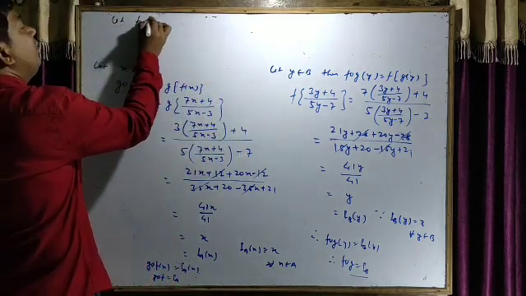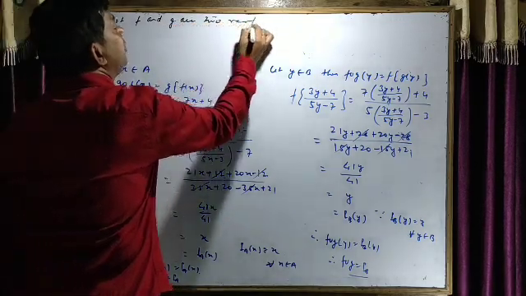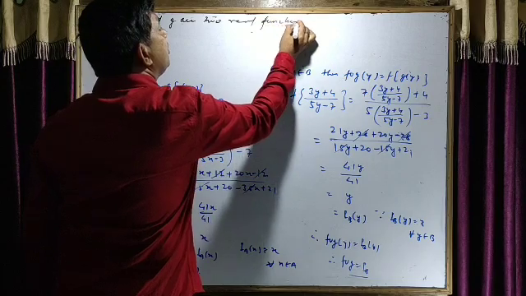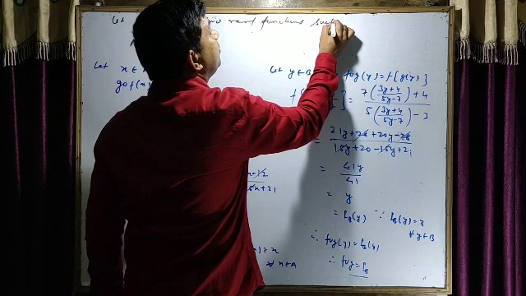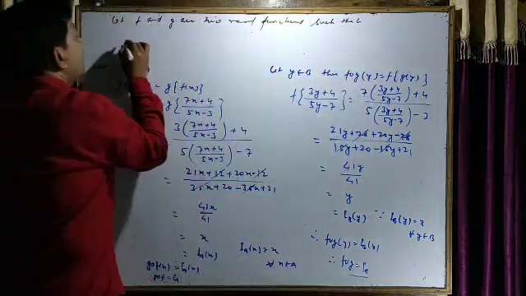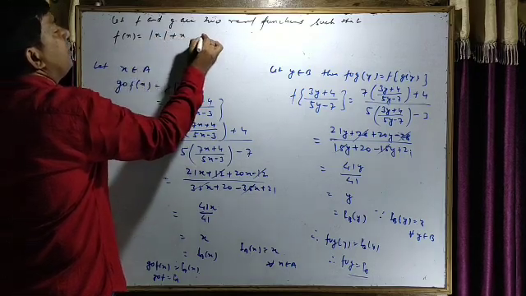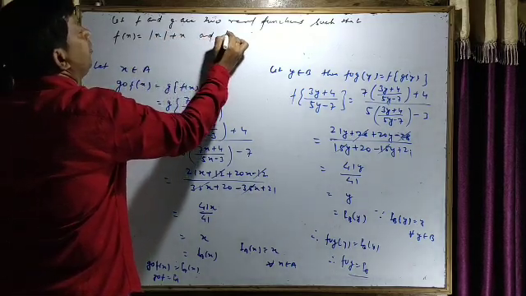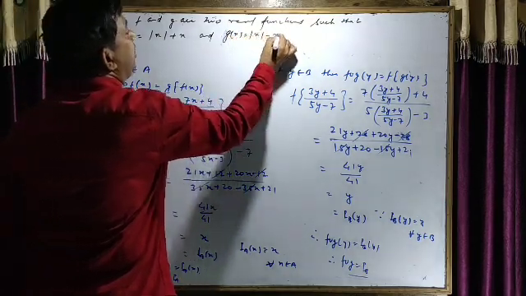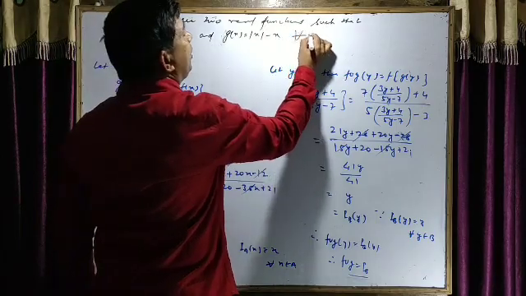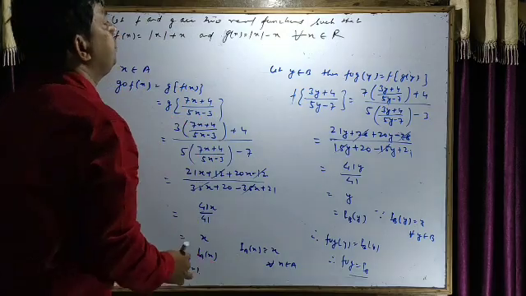Let f and g be two real functions such that f of x equals mod x plus x and g of x equals mod x minus x for all x belonging to the real numbers.